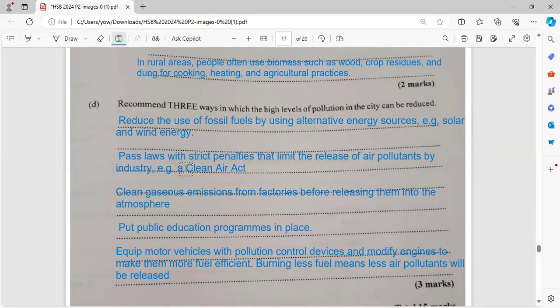Pass laws with strict penalties that limit the release of air pollutants by industry, for example like the Clean Air Act, cleaning gaseous emissions from factories before releasing them into the atmosphere. Put public education programs in place, guys. Oftentimes, education is very important in these instances. Also, you could equip motor vehicles with pollution control devices and modify engines to make them more fuel efficient.